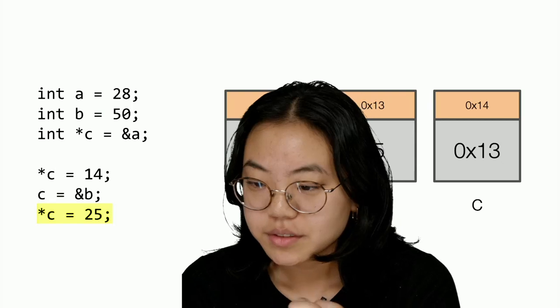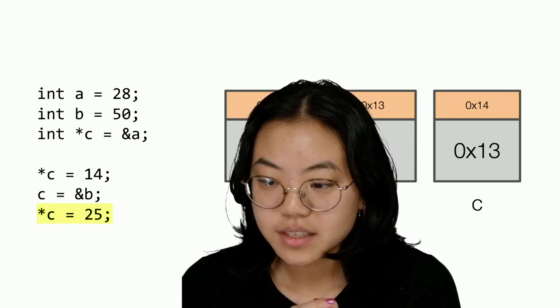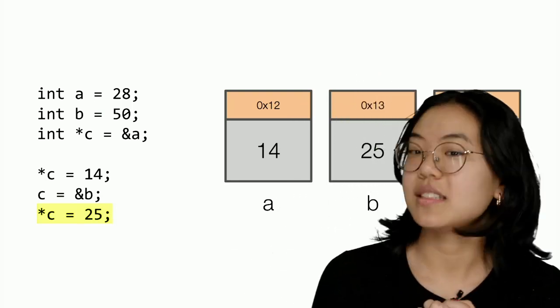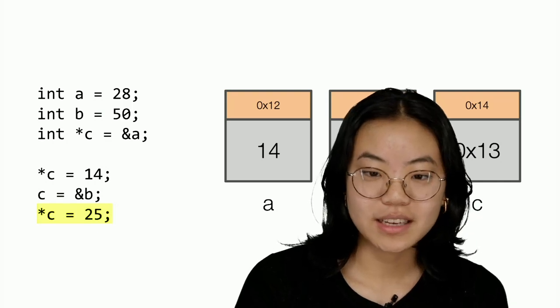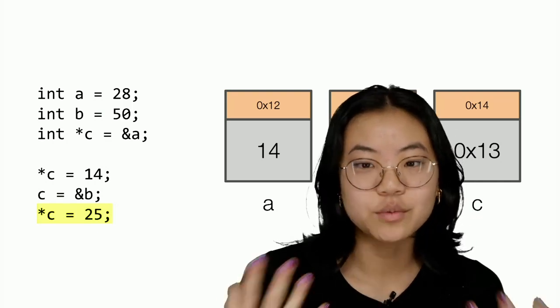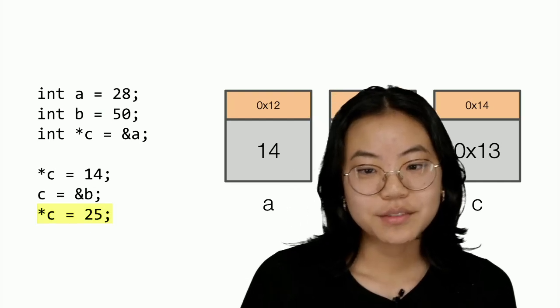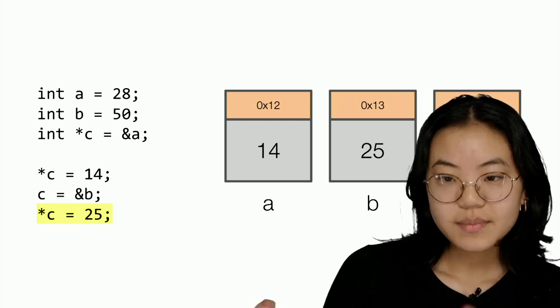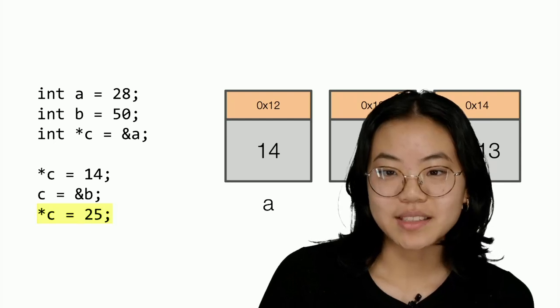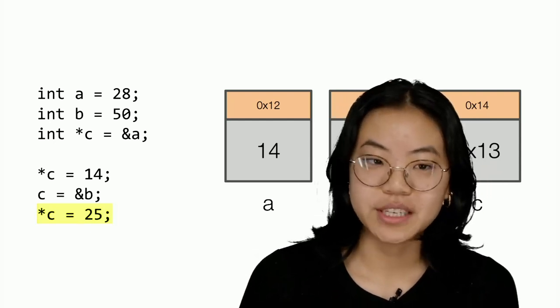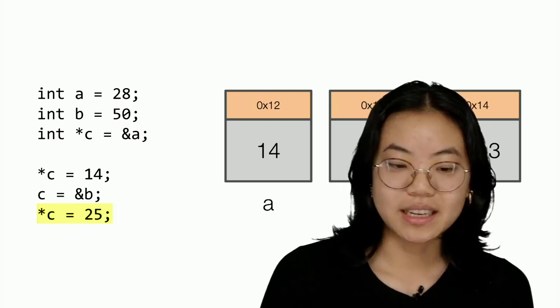Someone asks, why would you use this if you could set the value directly? Yeah, that's a great question. And so one example we saw yesterday in lecture was the swap function, where if you're trying to swap two values, you couldn't pass them in by value because that wouldn't change those values directly in a separate function.